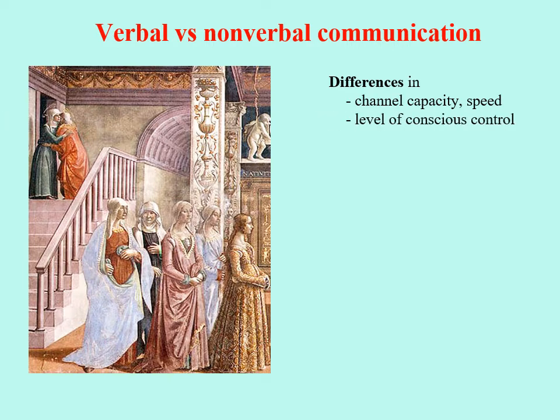The verbal channel is transmitted in the auditory channel, which is a much more constrained or limited channel. For example, in a conversation, only one person can speak at a time, otherwise the signal is not received properly. Verbal communication is also slower than nonverbal communication, and it requires more attentive processing.